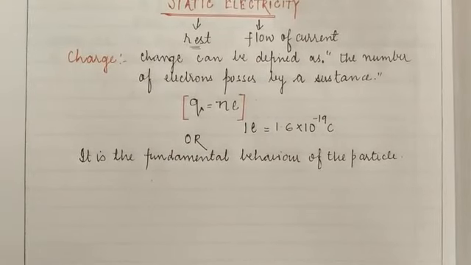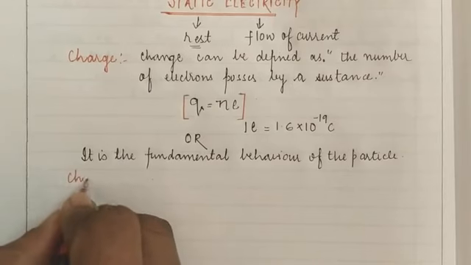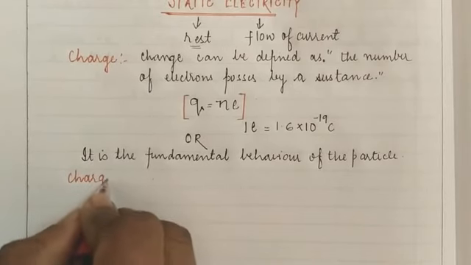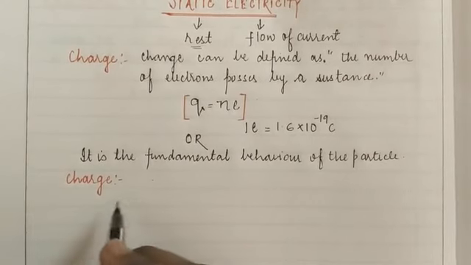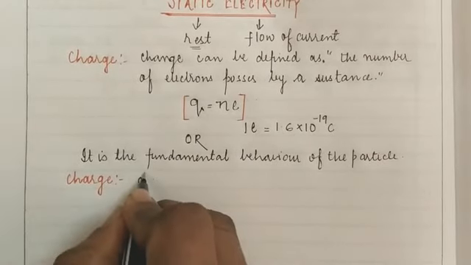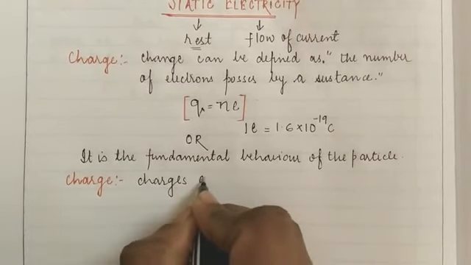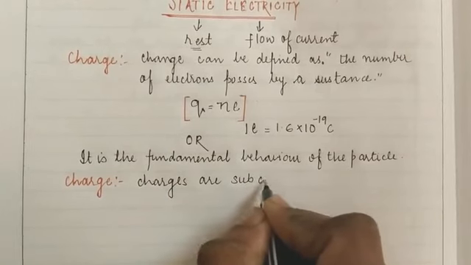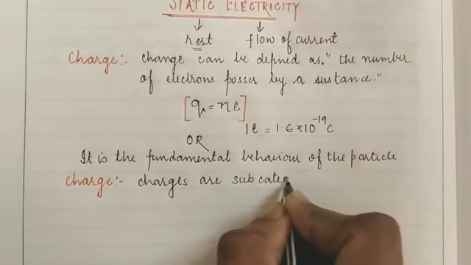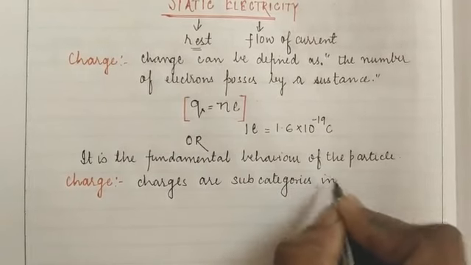So how is charge subcategorized into different parts? Charges are subcategorized into two parts.